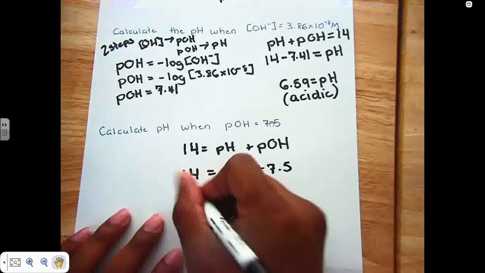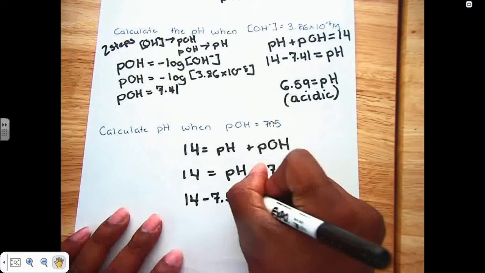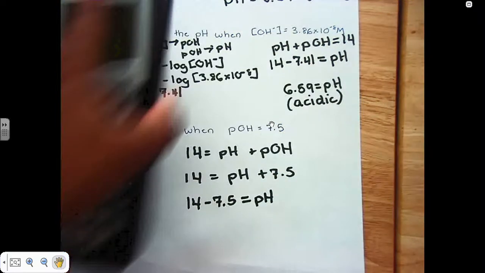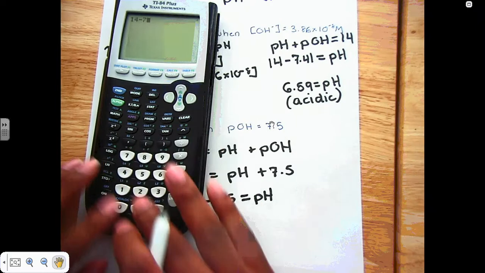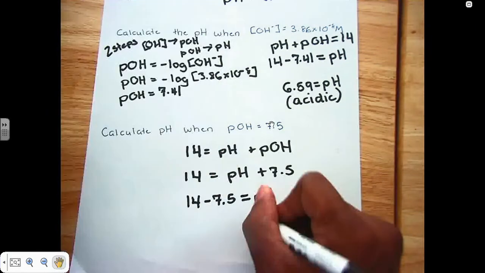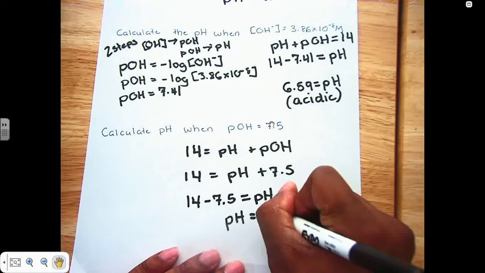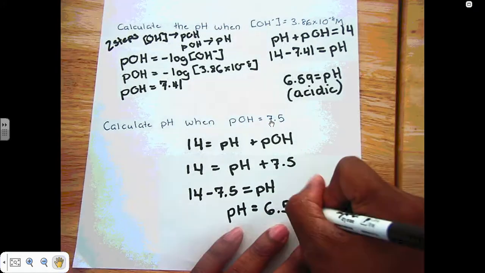So you know that 14 minus 7.5 should give you your value. So how do we do that? We take 14, subtract 7.5, and the result ends up being equal to 6.5. And so this, again, is acidic.